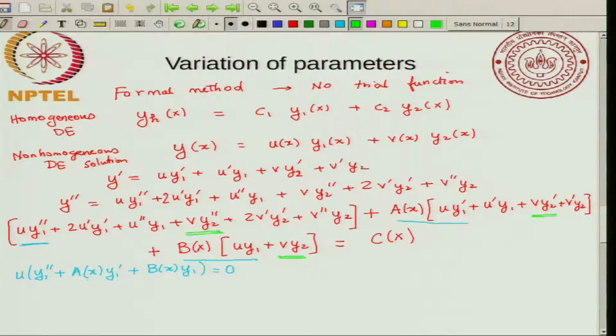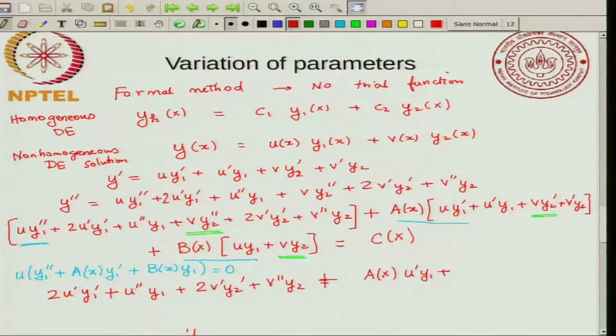So what you are left with is an equation that looks like this: 2 u prime y1 prime plus u double prime y1 plus 2 v prime y2 prime plus v double prime y2, plus a of x times u prime y1 plus v prime y2, equal to c of x.